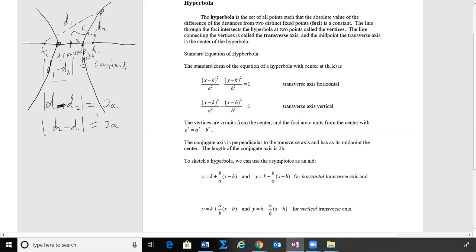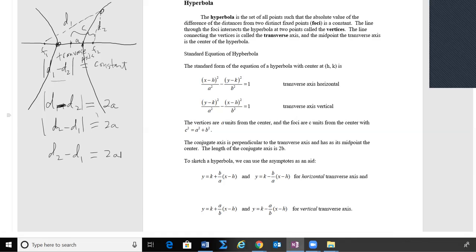But in any case, if you begin with this, you can start with the positive one. We'll just assume D2 minus D1 is positive. It doesn't really matter. It'll be a constant. From here, you can build by finding these distances D1 and D2. This would be the case where D2 was bigger than D1. I mean, you don't have to be too careful about that.